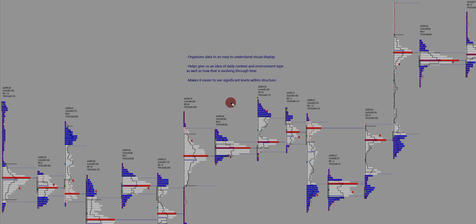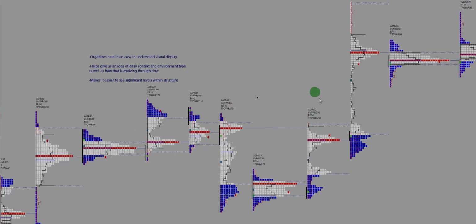When it's not balanced. So this helps us get a daily idea of our environment type, current daily context, and how we are evolving through time. This also makes it very easy to see significant levels moving forward. So just as an example, just pull this forward. I can change this drawing tool.